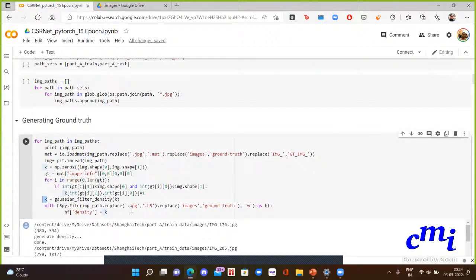From that we get the annotation of the heads, and using that information we get the Gaussian standard deviation, because we apply the Gaussian filter for each pixel but the standard deviation is different. Using the nearest neighbor information, we get the sigma value of each pixel and apply the Gaussian filter. So sigma also comes from the nearest neighborhood information. Yes.